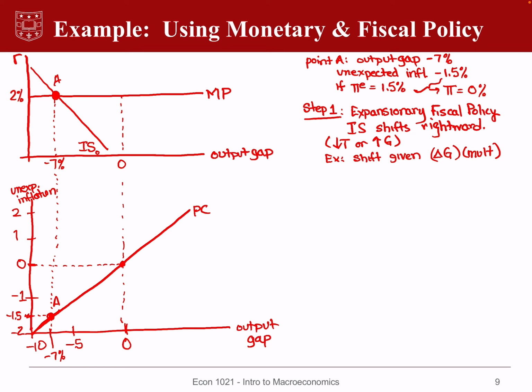So bottom line is, we're going to imagine that we're super, super smart, and we're able to shift the IS curve out to the right through this judicious use of policy to IS1. So that's step 1. Step 2: find the output gap. So we compare again IS and MP to get the output gap.